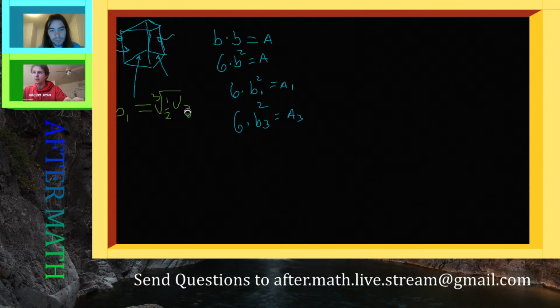And then we had V2 equals the cubed root of 1/2 V3. Oh, not 1/2, sorry. V3 is just V3, right?